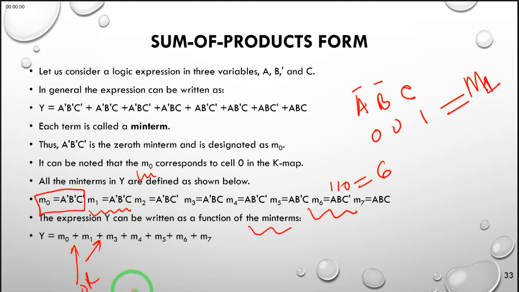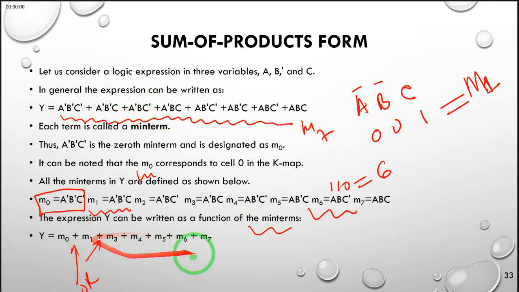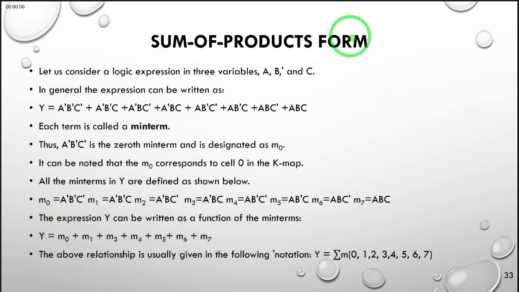Since Y is an OR operation of these products, we have minterm 0, minterm 1, and so on until minterm 7. This expression is usually given in a better form, using the symbol for sum, sum of minterms 0, 1, 2, 7. So you can express Y as a sum of minterms, symbolized with their decimal equivalents 0, 1, 2, 3, 4, 5, 6, 7.